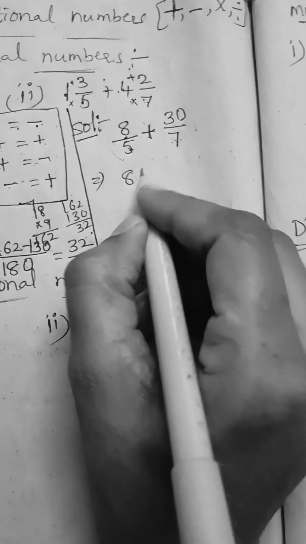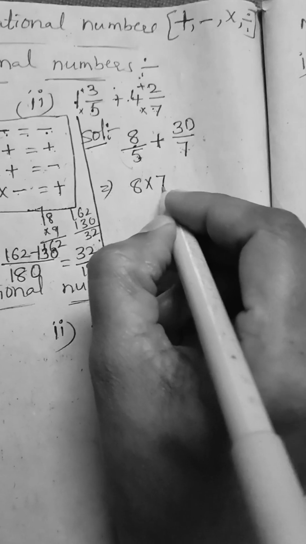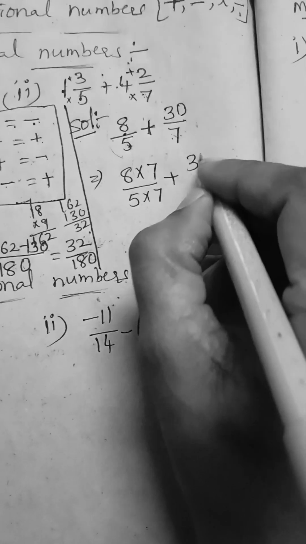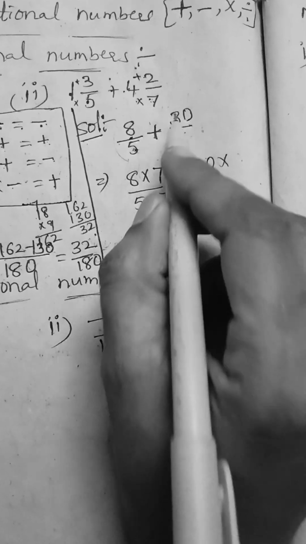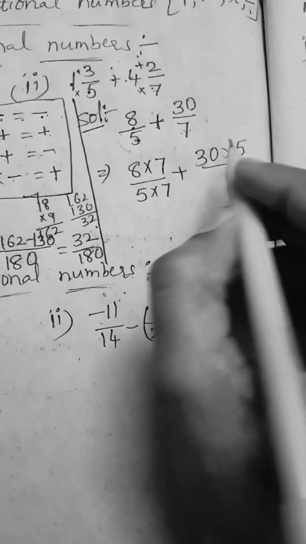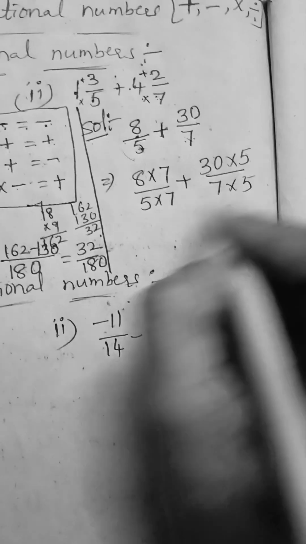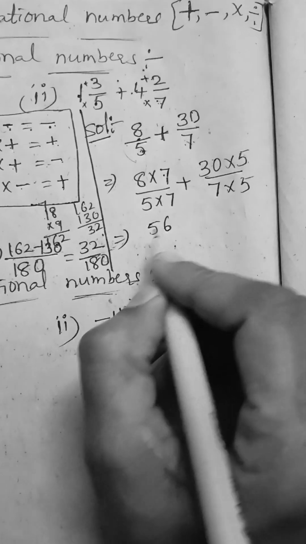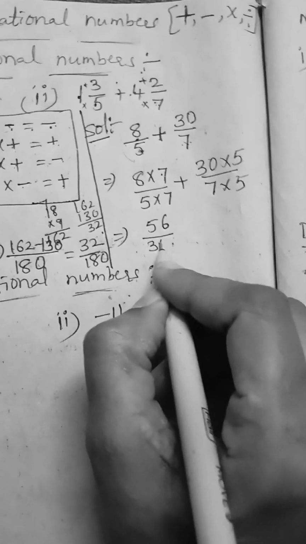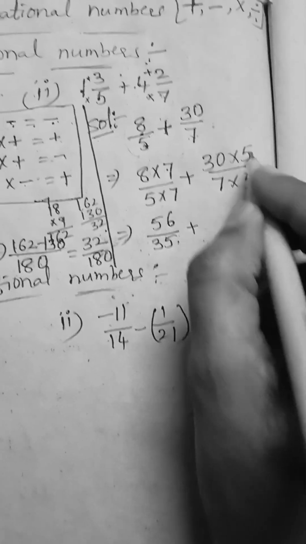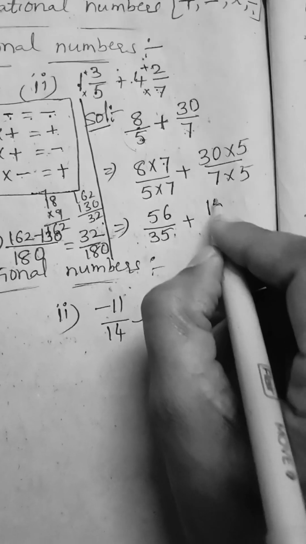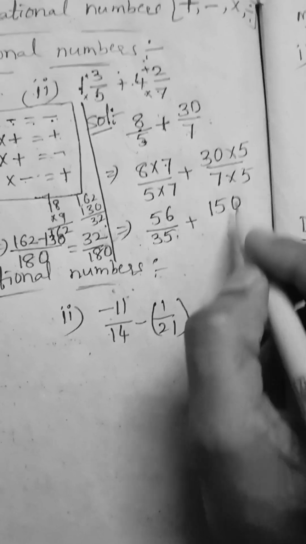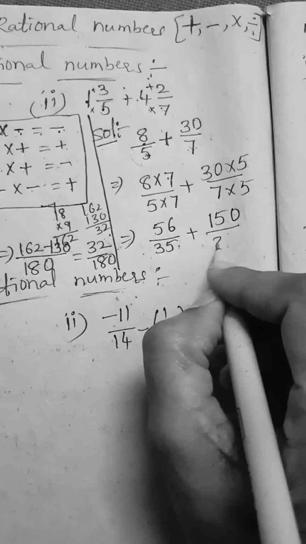Now 8 into 7 divided by 5 into 7, plus 30 into 5 divided by 7 into 5. Now 8 sevens are 56. 5 sevens are 35. 30 fives are 150. 3 fives are 15, 0. Now 7 fives are 35.